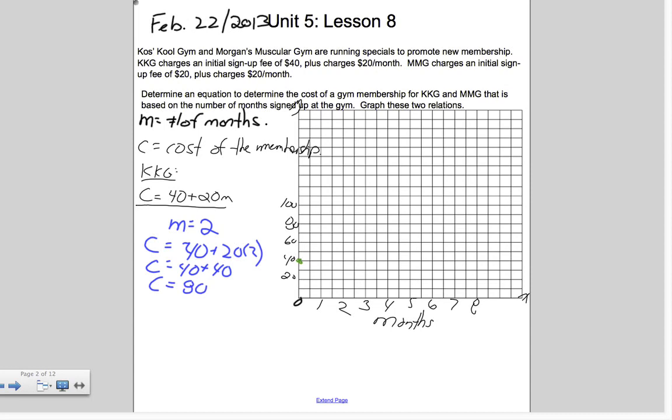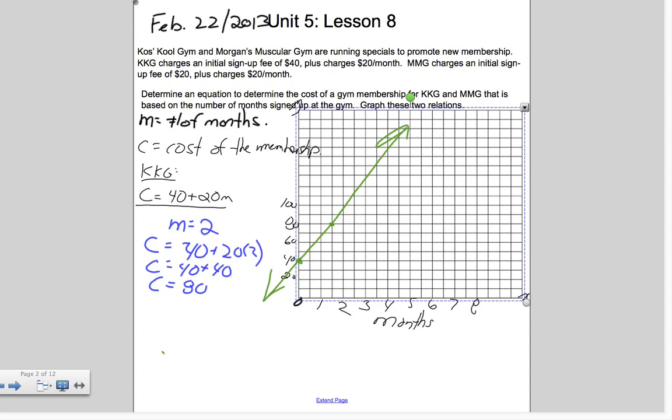After 2 months, it comes up to here. Right, and then we could draw a straight line. Okay, so that's how we get that one equation for Cause's Gym.